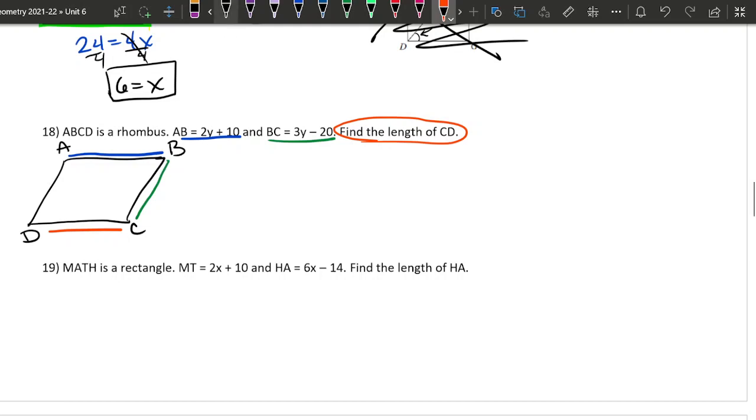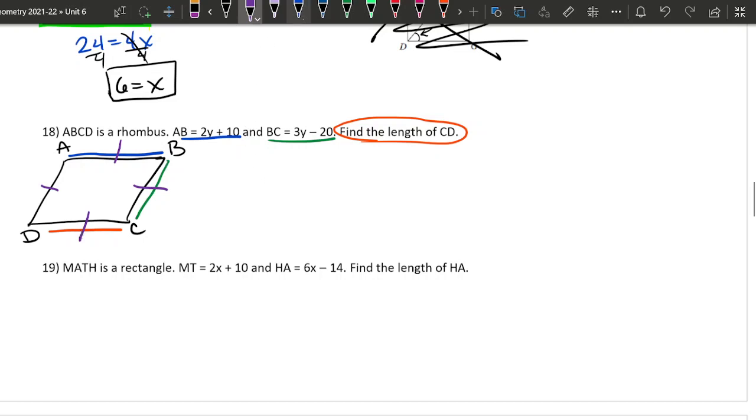What is the property of a rhombus that applies to this problem? What is special about a rhombus? A rectangle has 4 identical angles. A rhombus has 4 identical sides. So all 4 sides are the same, so it doesn't matter which side I solve for. As long as I solve for one, I know what they all are.